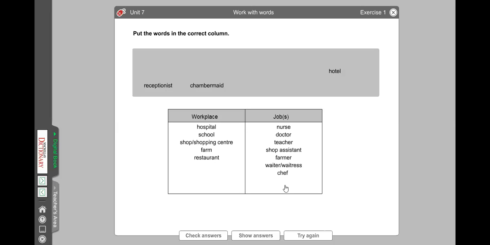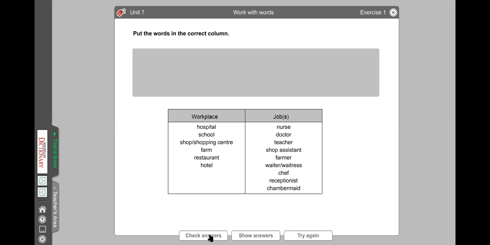Then finally, at a hotel, we have receptionists working, as well as chambermaids. Now remember, chambermaids are the people who do room service. They come to your room and they pick it up, they clean everything, and they give you clean sheets.